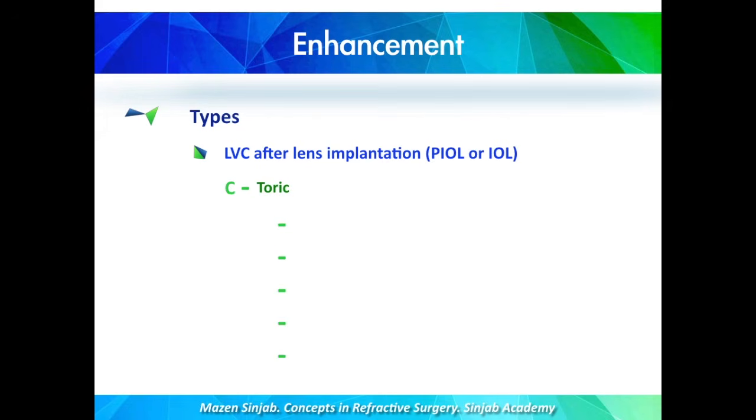Coming to the toric lens. If the eye has a toric lens and has a refractive error and we want to do enhancement, what should we do? We have to exclude decentration, of course. We have to exclude posterior capsule opacification if it is an IOL, and we have to exclude cataract if it is a phakic IOL.